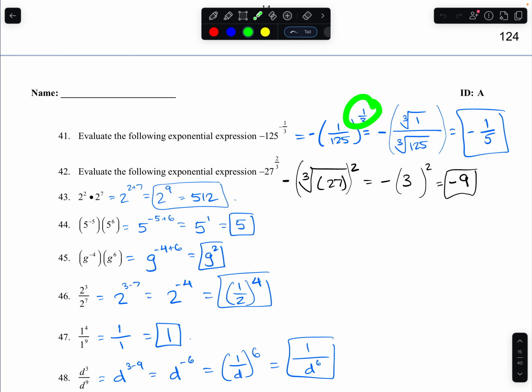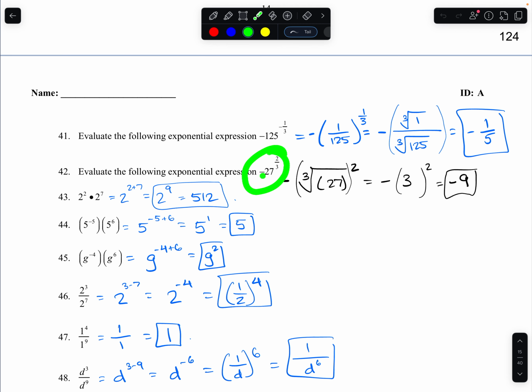And now this exponent is positive, which means I can cube root the numerator and denominator. The cube root of 1 is just 1. The cube root of 125 is 5. And now we can multiply by that negative to get -1/5 as our final answer.